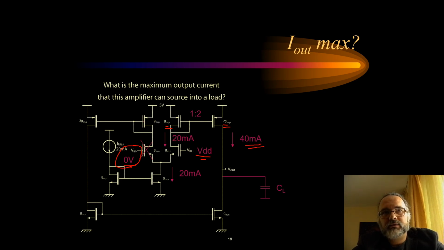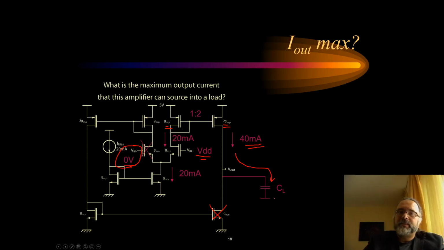Here the current will be 0, so no current, and all the current will be provided into the load. In this example, I put a capacitive load as the load. So this was my analysis of the current mirror OTA.